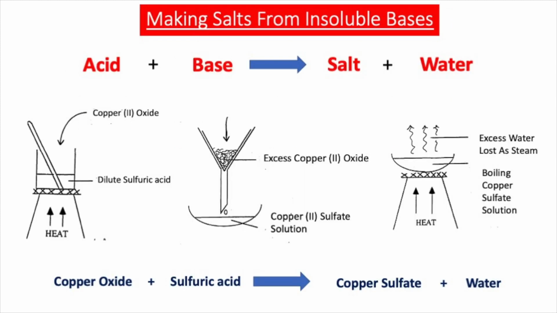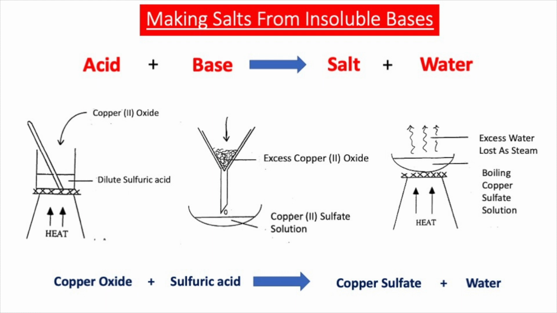Now, in our previous lessons, we've learnt that a salt can be made by adding an acid and an insoluble base together. Now, when an acid and a base react together, they form a salt and water. And in previous lessons, we've seen that salts such as copper sulfate can be formed by this method.